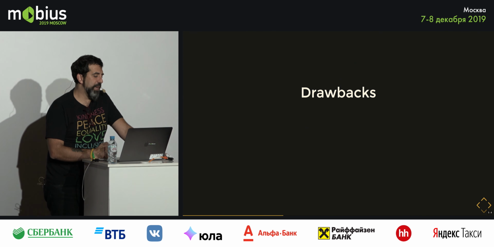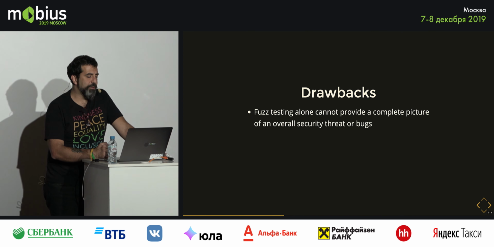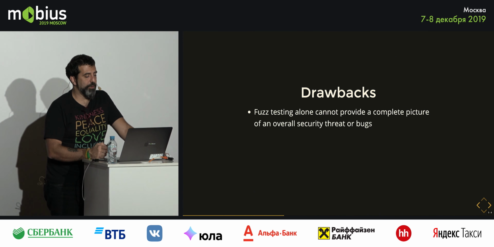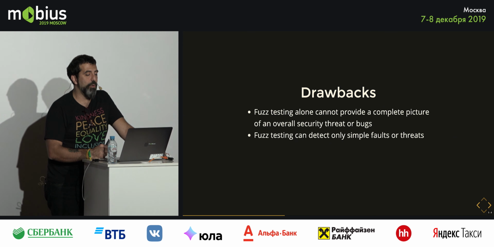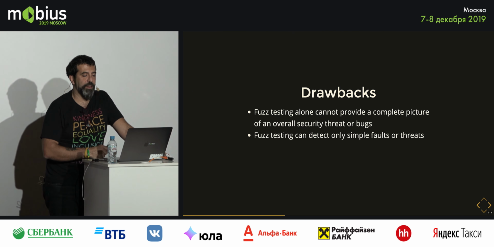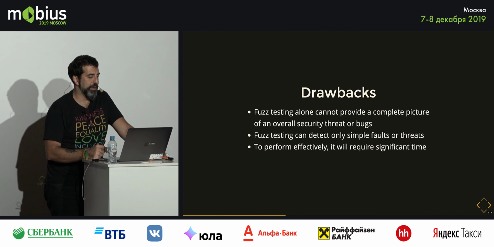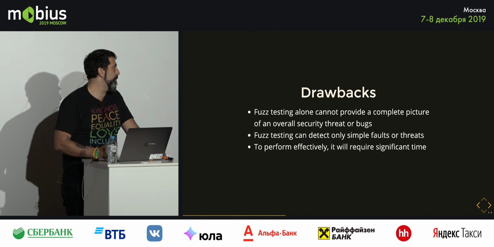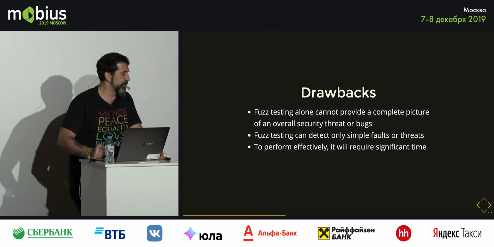Both of them have some drawbacks. Fuzz testing cannot provide a complete picture of the security threats or bugs that you have in your code, and it can only detect simple faults or threats. If you want to perform an effective and significant set of tests with fuzzing, you have to consume a lot of time.